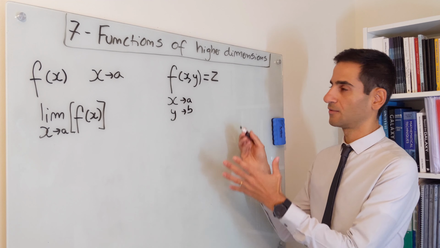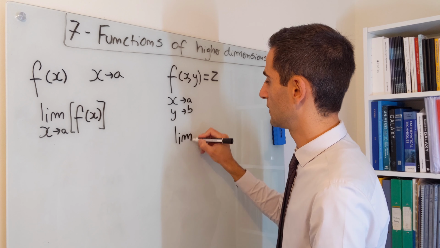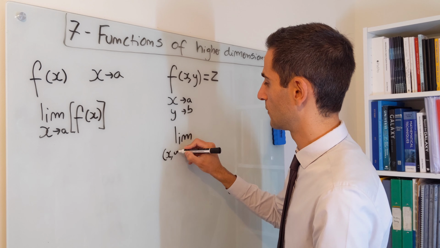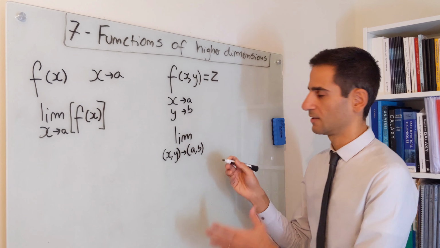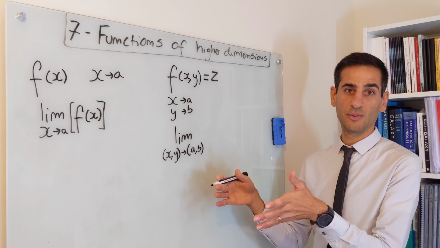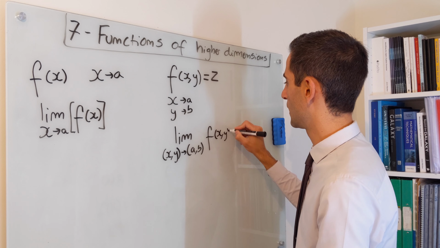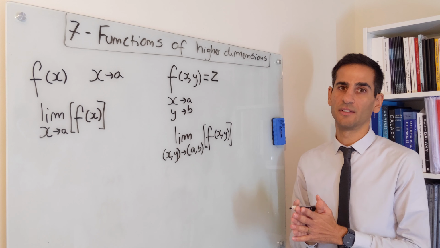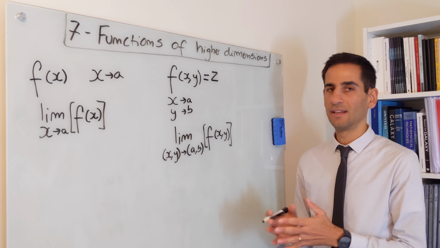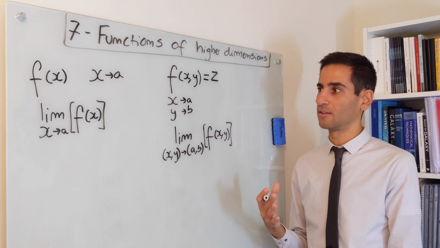In this case, you would write the limit when x, y go to a, b of f of x, y, and again, these brackets are always there even when you don't write them. And in an ideal case, you can then calculate a specific value.